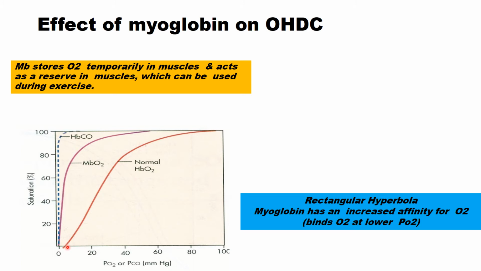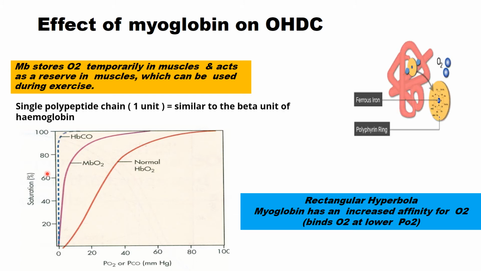And even at 5 mm of partial pressure, myoglobin is saturated approximately 60%, meaning thereby that it takes up oxygen more readily as compared to hemoglobin, and it is acting as a temporary storehouse for oxygen. Although myoglobin is only a single polypeptide chain, much similar to the beta unit of hemoglobin, and binds with one molecule of oxygen, it binds to it faster and more tightly.